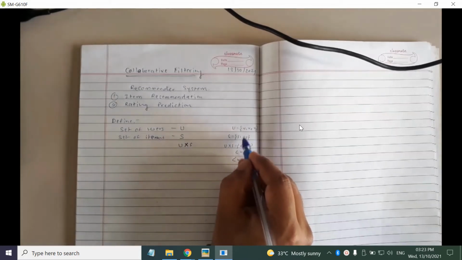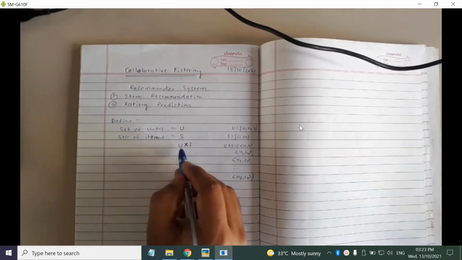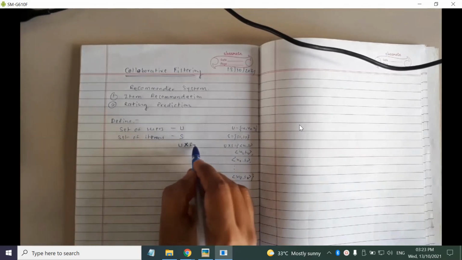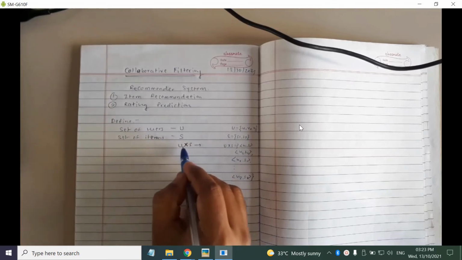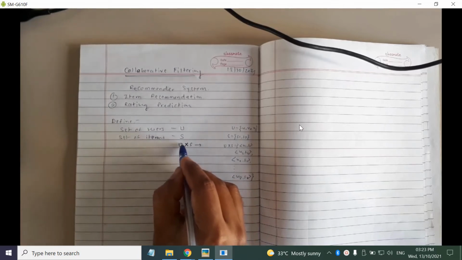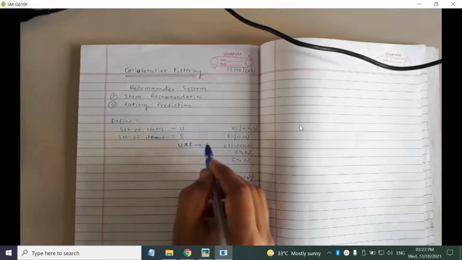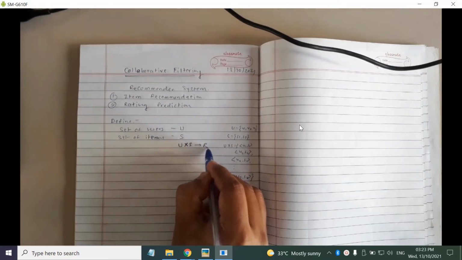So 3 multiplied by 2, that is 6 tuples in this Cartesian product. What we are interested in is finding the rating for every possible pair. For every user and every item, what is the rating, and we want to learn this function. This is my utility function.